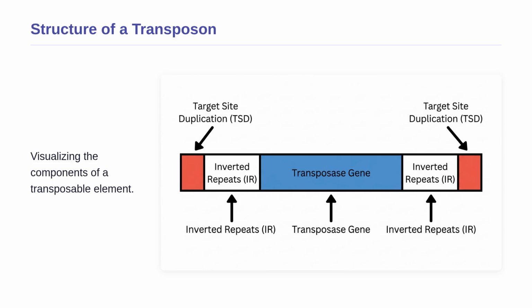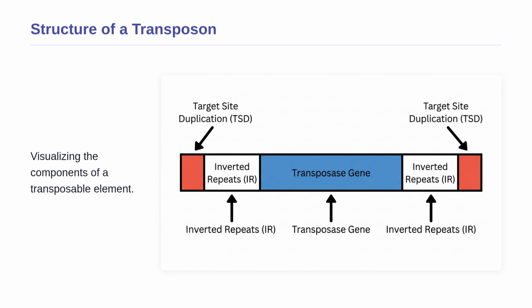Let us visualize what this actually looks like at the molecular level. Here you see a schematic diagram of a bacterial transposon. Right in the middle, highlighted in blue, is the transposase gene, the code for our molecular scissors.